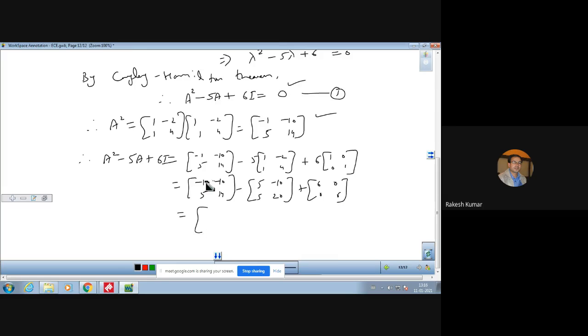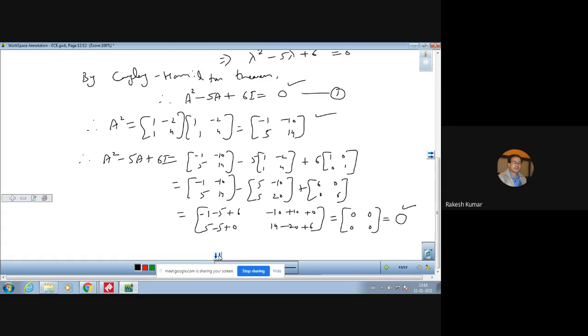Let us simplify it. -1 minus 5 plus 6, minus 10 plus 10 plus 0, 5 minus 5 plus 0, and 14 minus 20 plus 6. Ultimately this comes out to be 0, 0, 0 and 0. So this comes out to be a null matrix O. So it means equation 1 is satisfied.